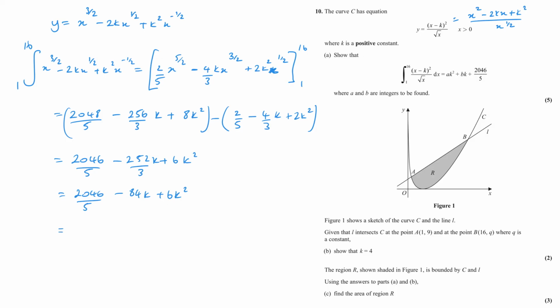So putting it in the form of here, so 2046 over 5, we got a k squared plus b k, so a equals 6, b equals negative 84. Okay, and that's part A done.